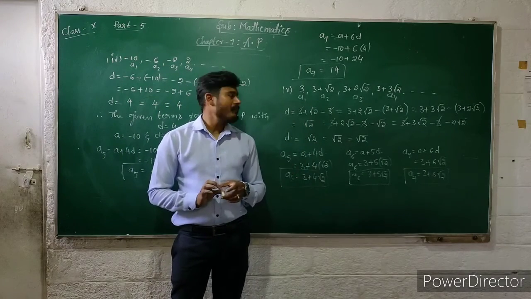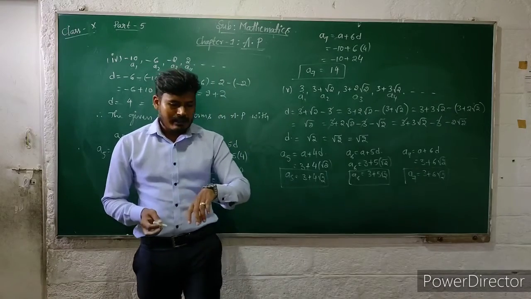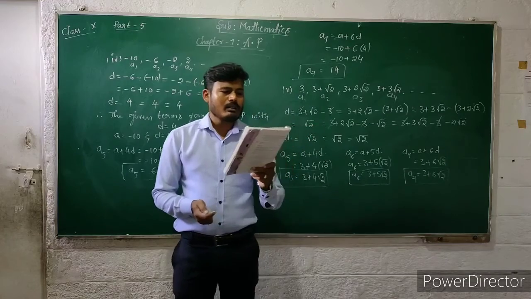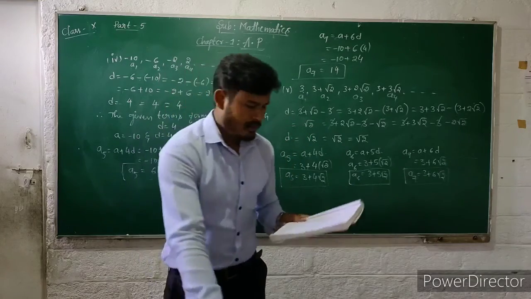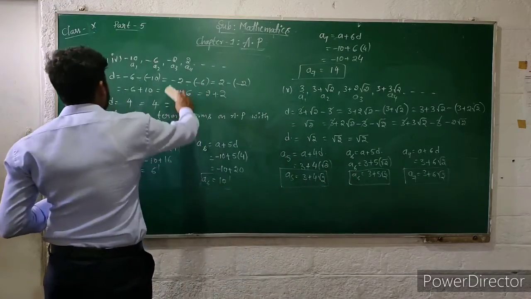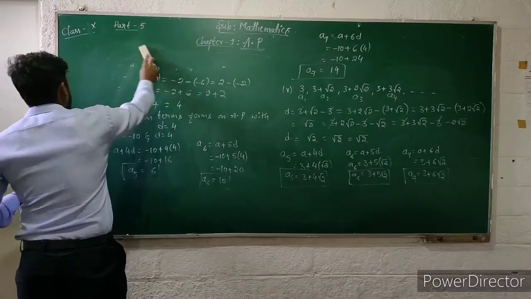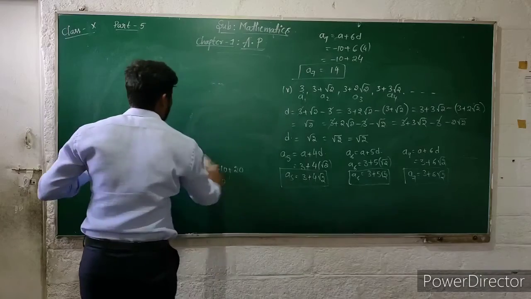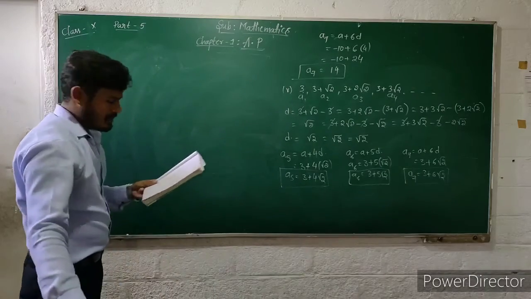So that's it for today's class. Then take down some homework. In page number 7 from exercise 1.1, you should take down 3 questions for your homework.